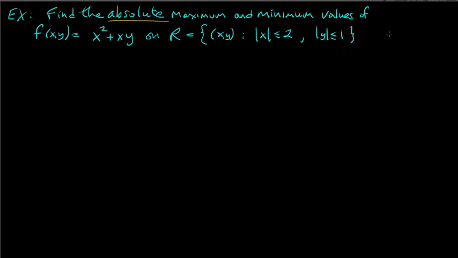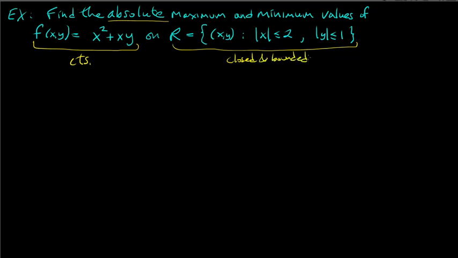This is a continuous function, and this is a closed and bounded region, so we are guaranteed to have both a maximum and a minimum. Whatever your answer is, you cannot say there is no maximum or minimum. There's got to be one of each.